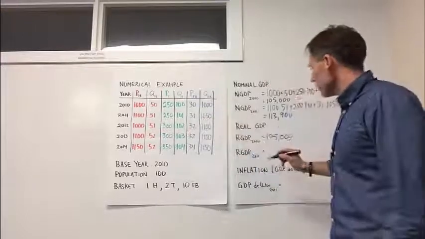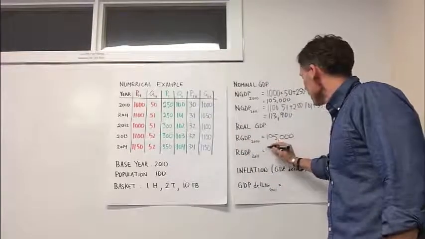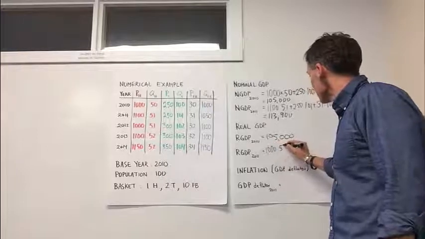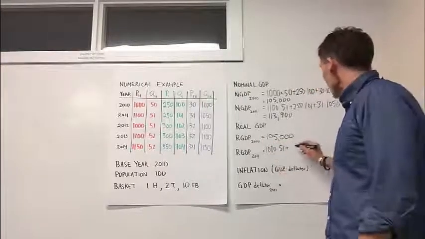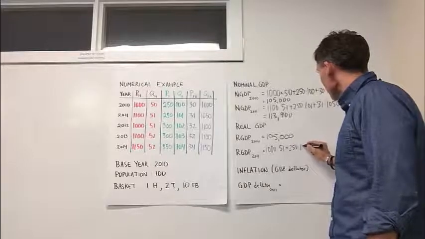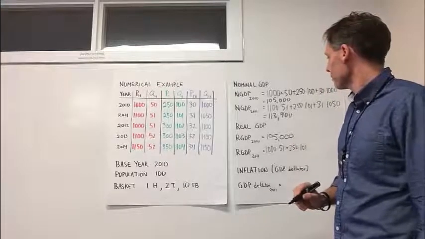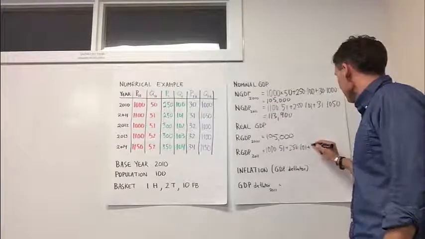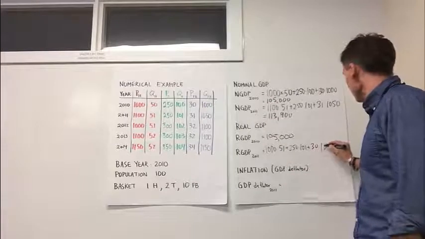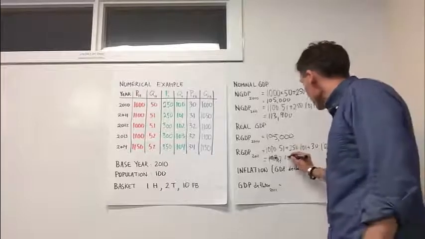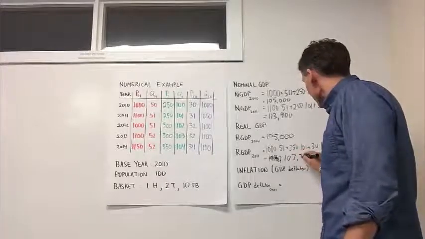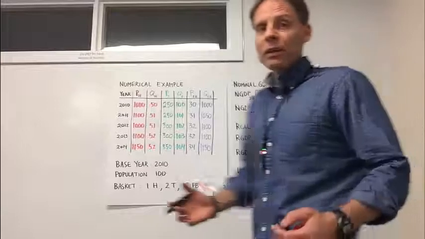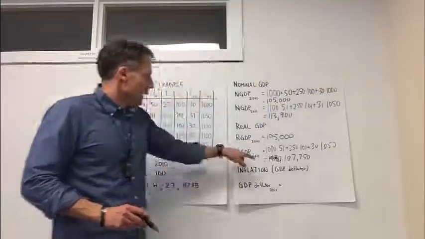So real GDP for 2011 is then 1,000 times 51, 250 times 101, and 30 times 1,050, which is equal to 107,750.